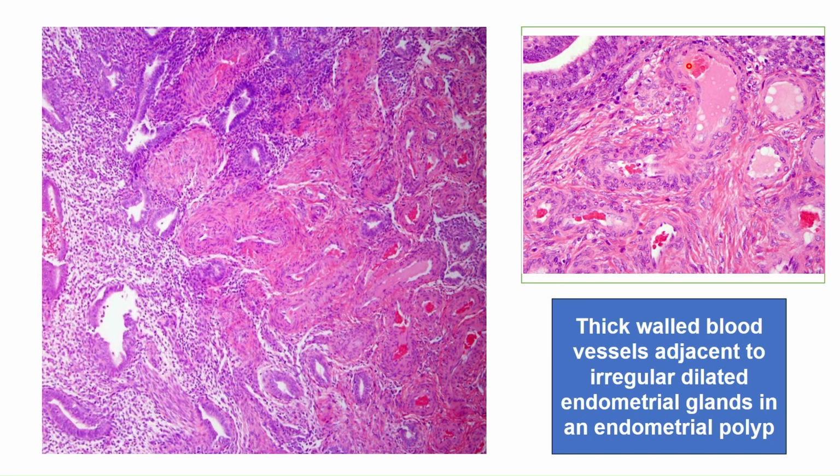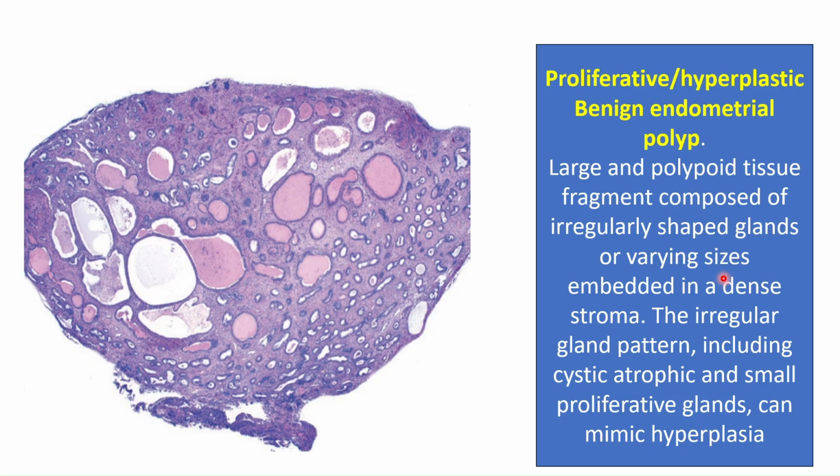So this is high power view again. See, this is the large vessel, and the wall is thickened with RBCs in the lumen. And these are the fibrotic and muscular stroma in case of polyp.